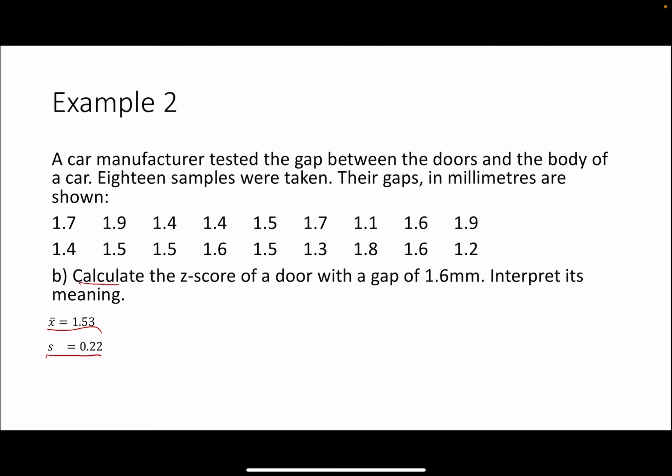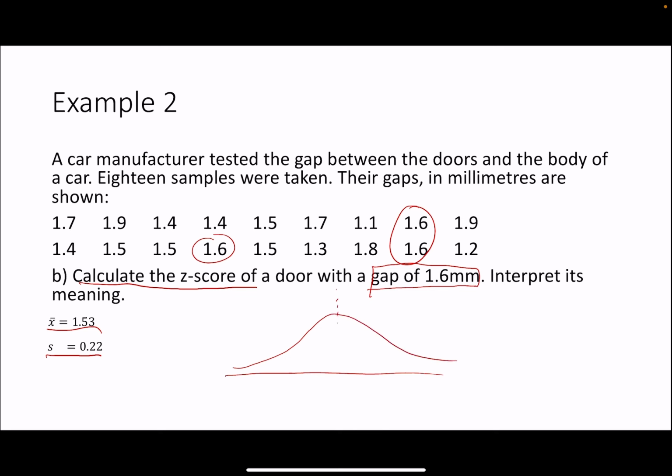So calculate the z-score of a door with a gap of 1.6 millimeters. So it's all of these doors right here. What's the z-score of these? How many standard deviations is 1.6, right? I have 1.53 as my x bar.